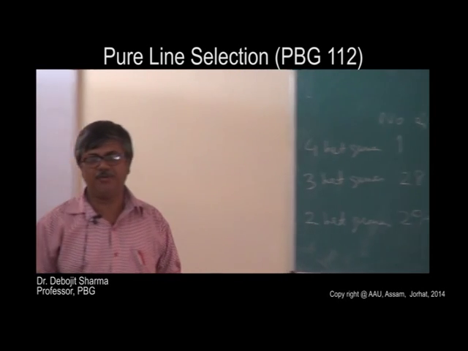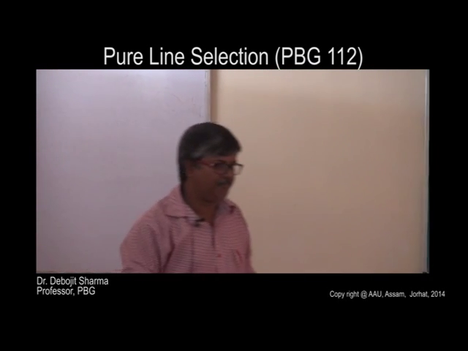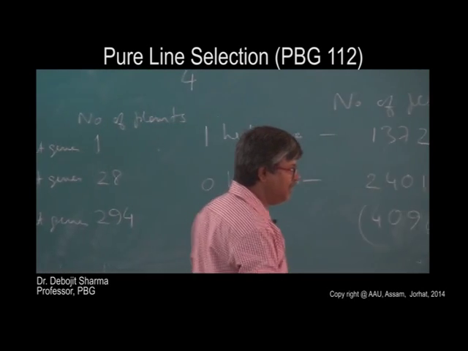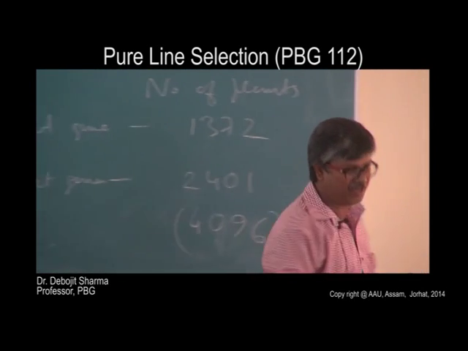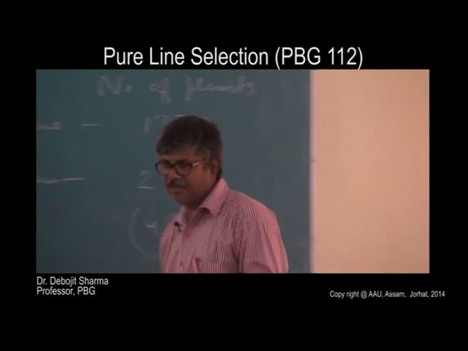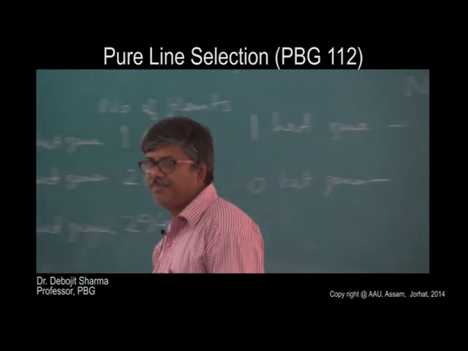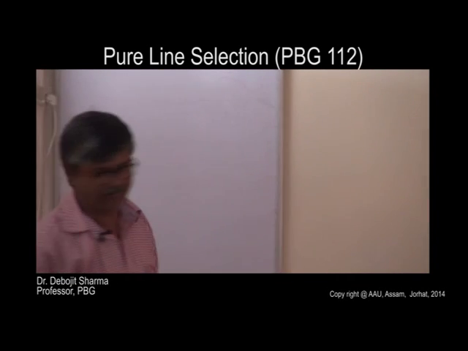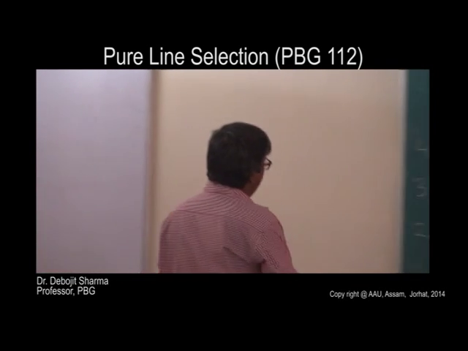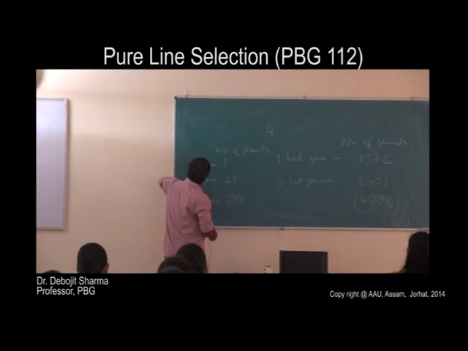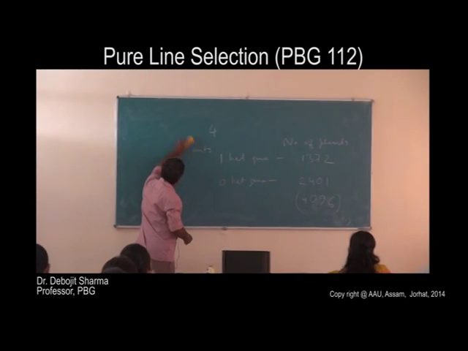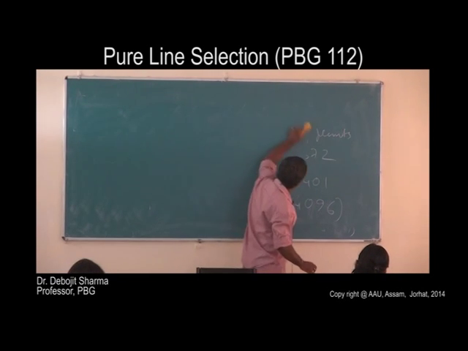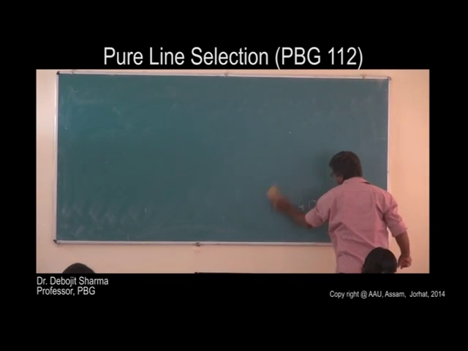Much larger population in order to score the different phenotypes, and then that will be subjected to chi-square test, to see whether a particular ratio fits the observed data or not. And it is the task of the breeder to select the best recombinant, because he is always searching for the best recombinant.